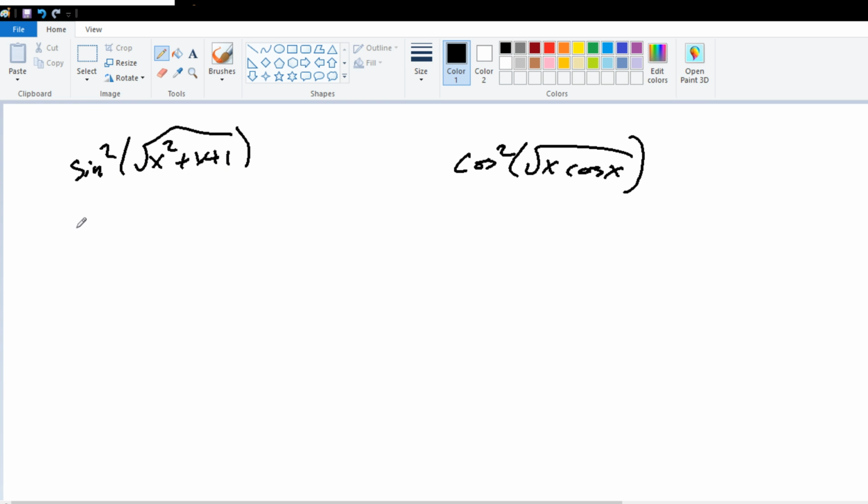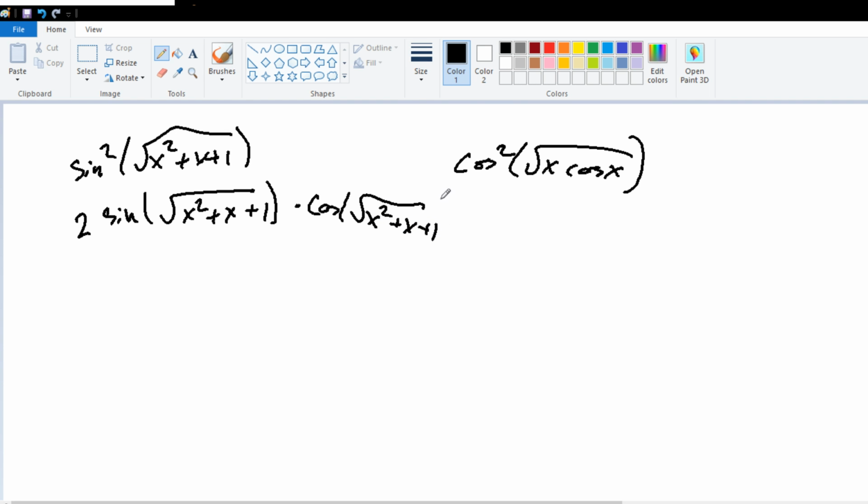The outside function is x squared, so we get 2 sine of the square root of x squared plus x plus 1. Then we go in one step, derivative of sine is cosine of the square root of x squared plus x plus 1.